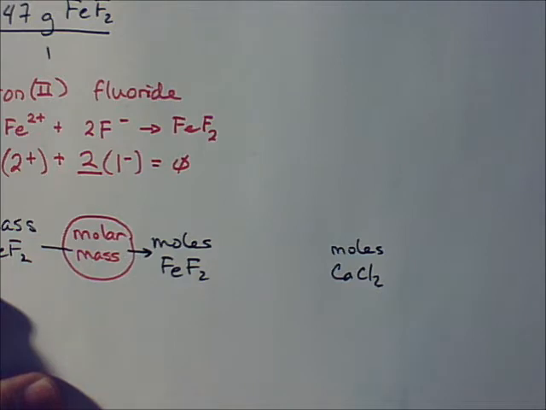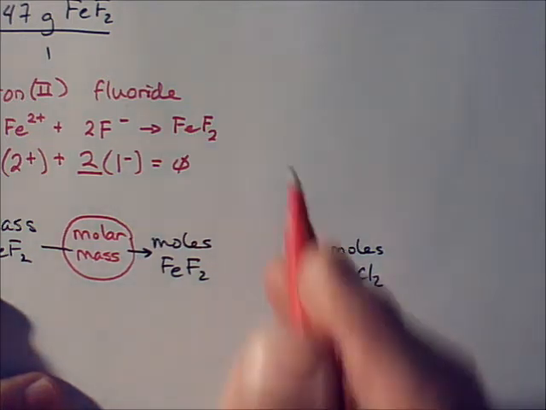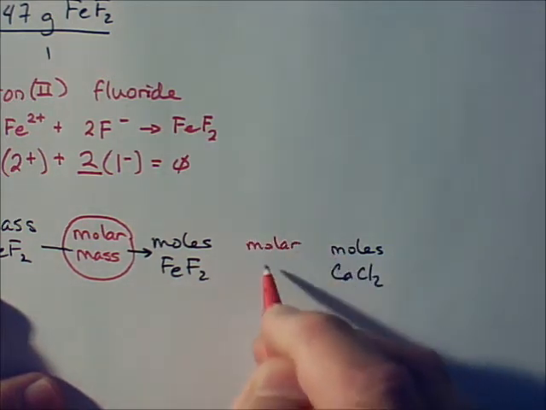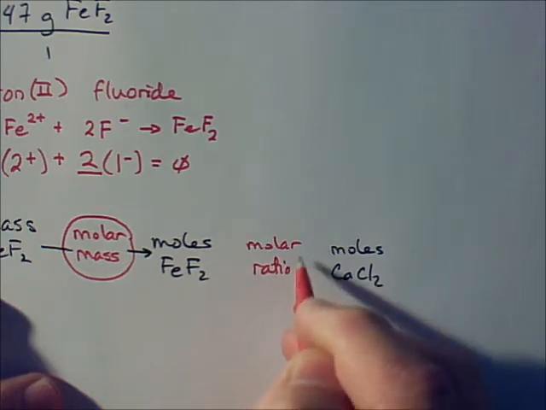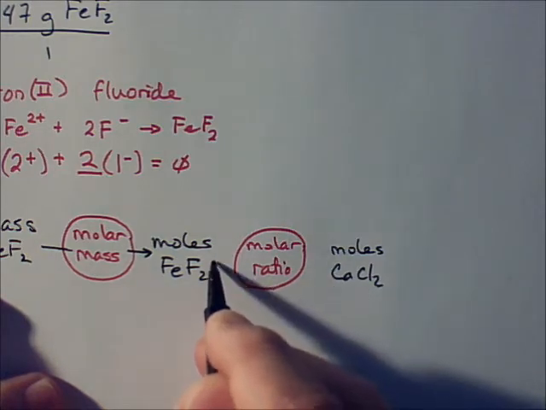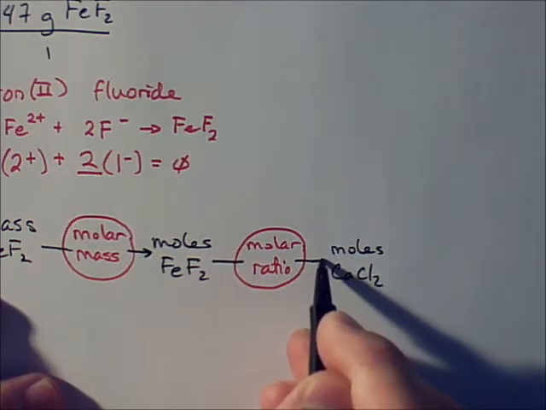The way we get from here to here is to use what's called the molar ratio. So to get from moles of FeF2 to moles of calcium chloride, we have to go through this molar ratio.